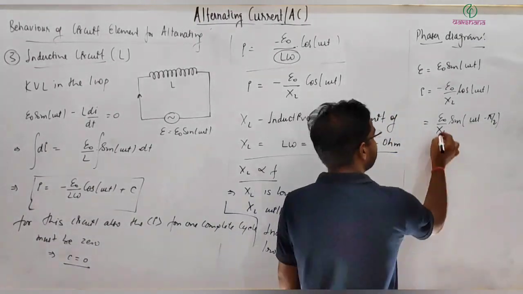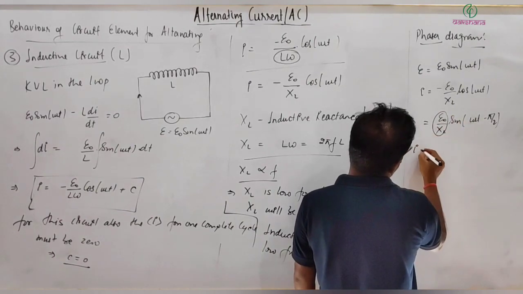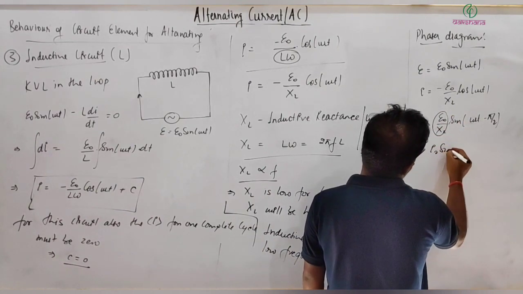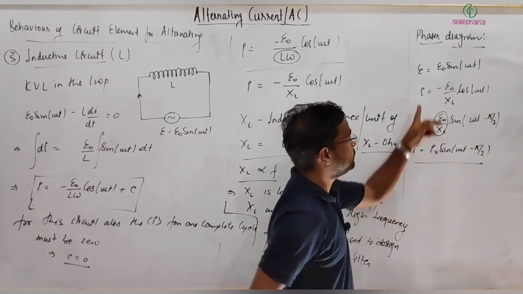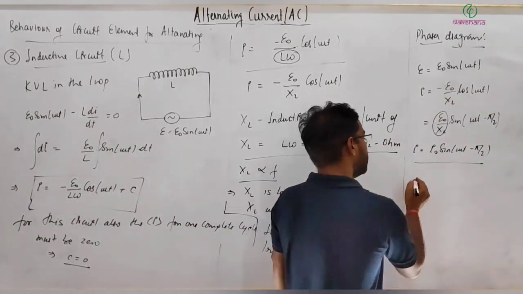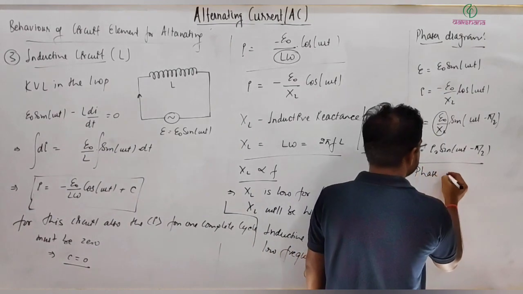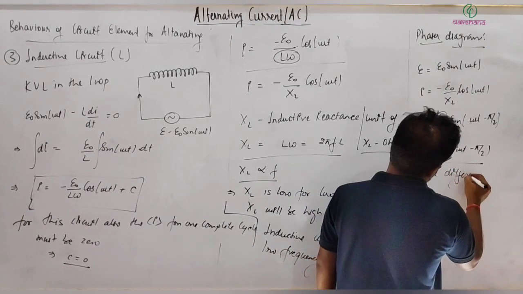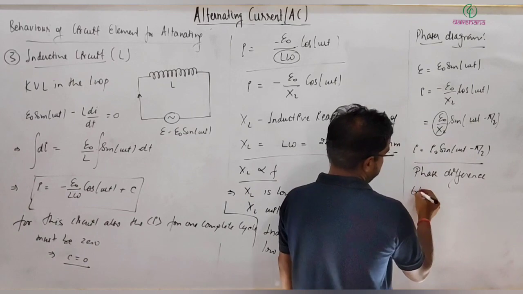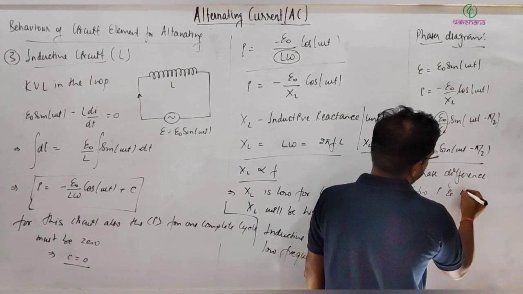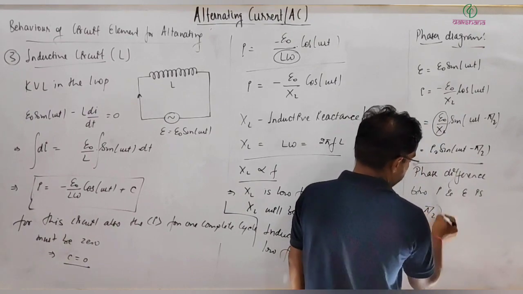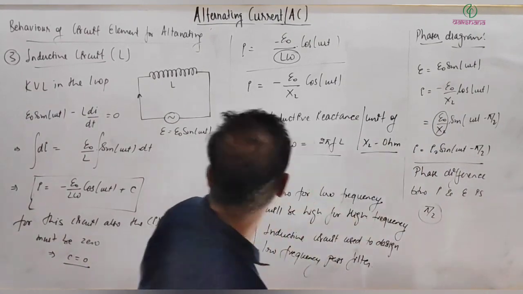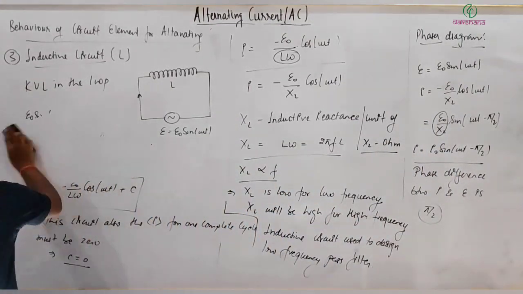So I can write I equal to I naught into sine of omega t minus pi by 2. What it implies, if you look at the phase difference between I and E, is pi by 2, and the current is lagging. So let me erase this part.